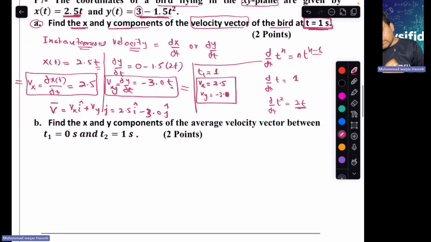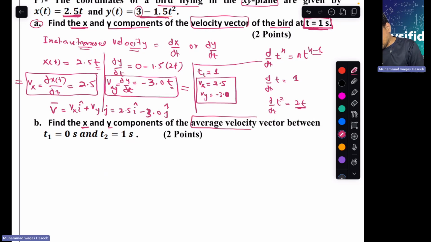Now find the x and y components of the average velocity vector between t0 and t1. Whenever we find the average velocity, we also have an interval.